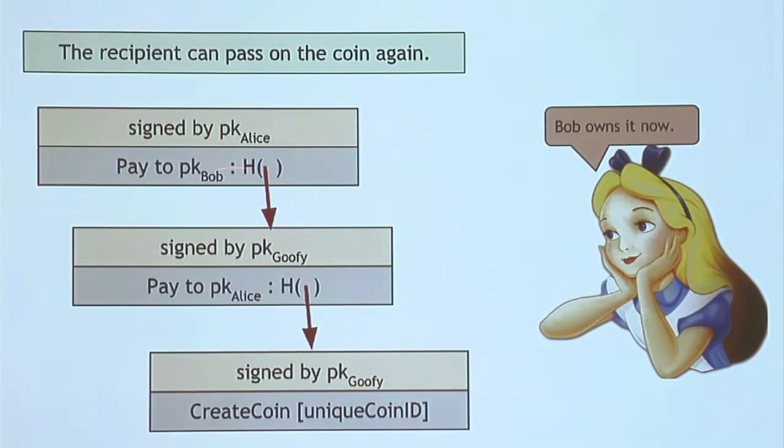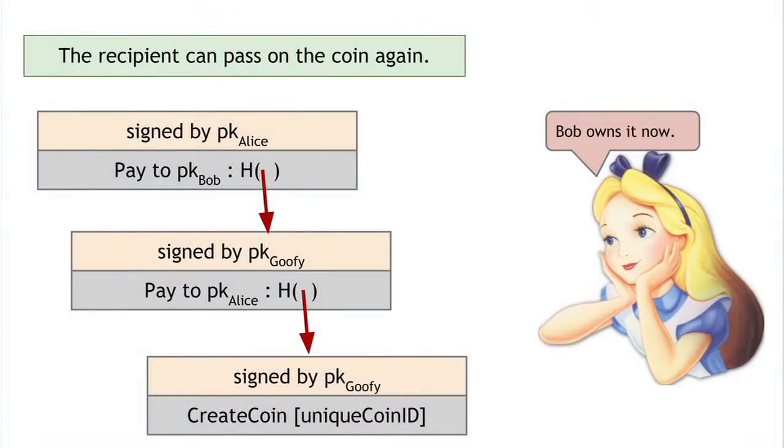Now she can create a statement like this that says pay this coin to Bob's public key. And here's a hash pointer to the coin. And now Alice signs that. So because Alice was the valid owner of the coin, which we could verify by walking this chain, now we know that this is valid and the coin belongs to Bob. So Bob is now the owner of this coin. So those are all the rules of Goofy Coin.